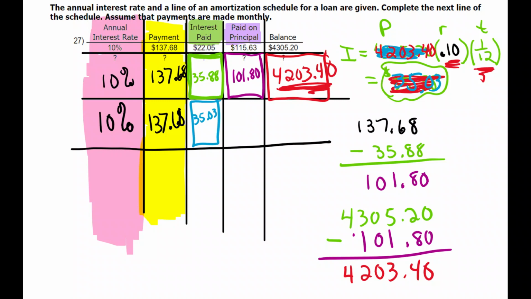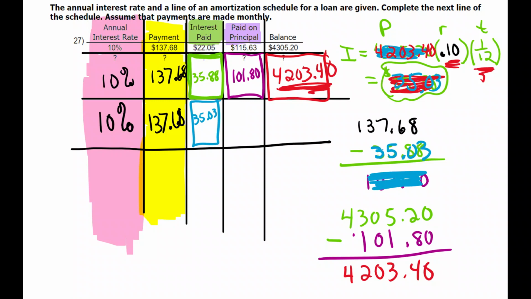And now, instead of subtracting $35.88 from my $137.68, I'm going to, why is this not erasing? I don't know what's going on here. This is bizarre. It usually erases. Well, right here, this is now going to be 35.03, which is going to give me a new number.